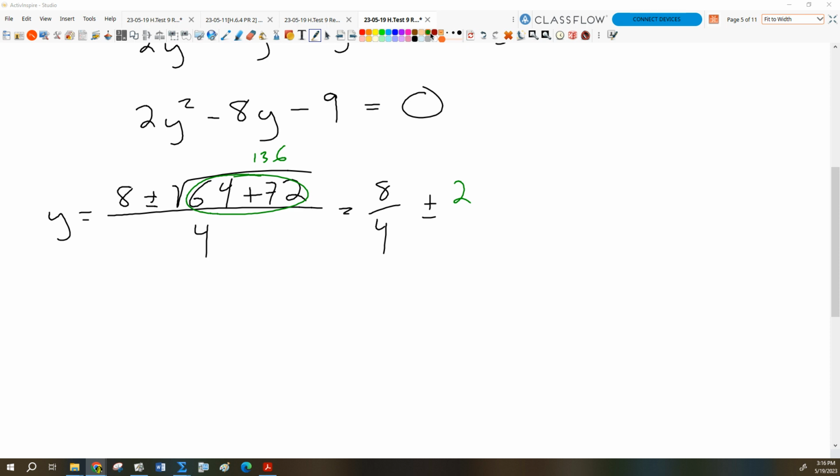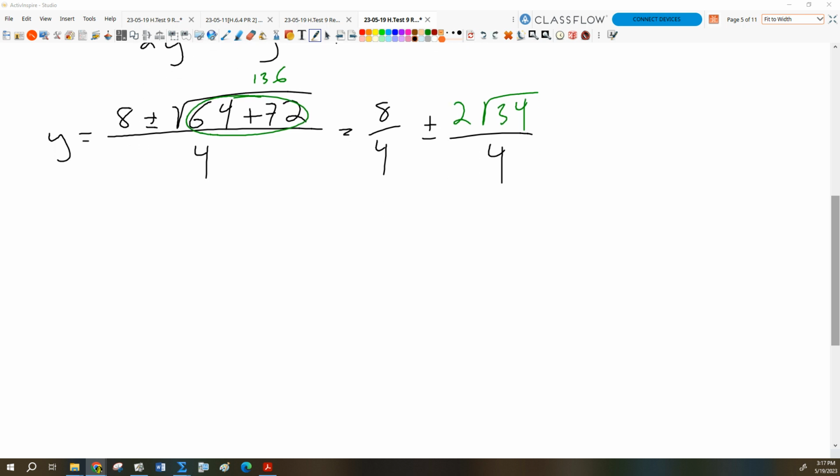If I can write the radicand as the product of a perfect square and an irreducible number, something that contains no perfect squares, the square root of the perfect square is the part that goes out. The square root of the other irreducible part is the part that stays in, right? So we get 2 radical 34 over 4.